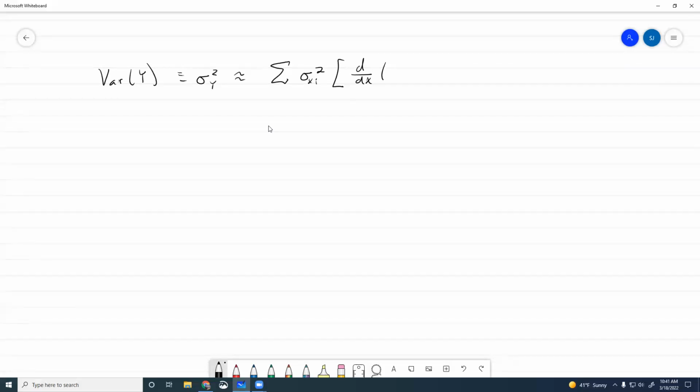So d g over d x i, and then all of this is squared.